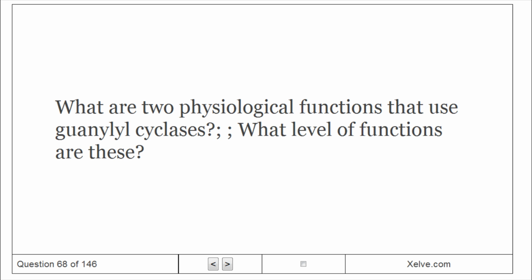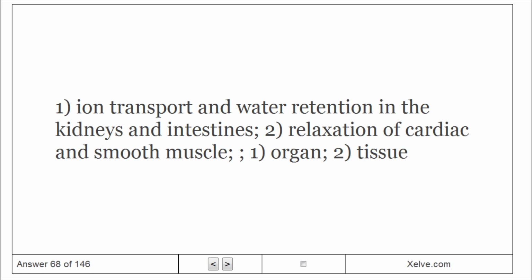What are two physiological functions that use guanylyl cyclases? What level of functions are these? One, ion transport and water retention in the kidneys and intestines. Two, relaxation of cardiac and smooth muscle. One, organ. Two, tissue.